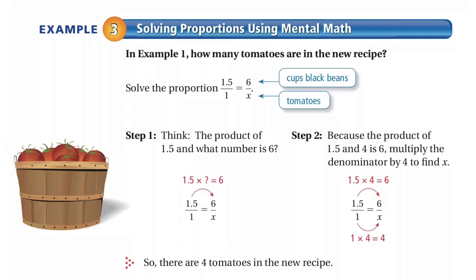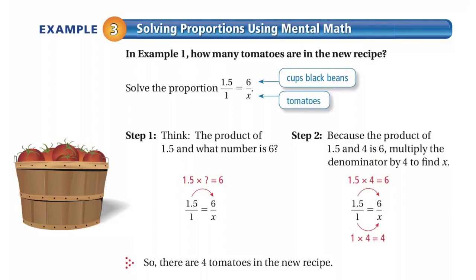For example 3, solving proportions using mental math, it said in example 1 how many tomatoes are in a new recipe. So we have the proportion that we wrote down, 1.5 cups over 1 tomato equals 6 cups over X tomatoes. So you think, what times 1.5 equals 6? 4 times 1.5 equals 6.